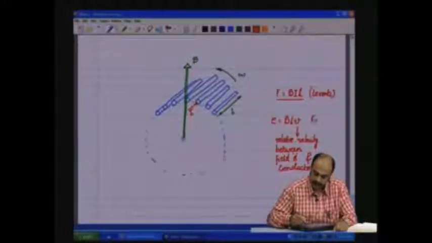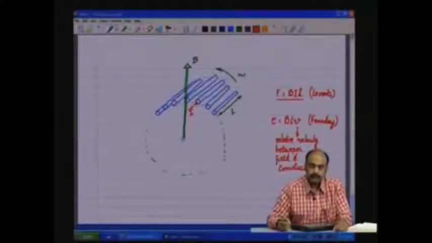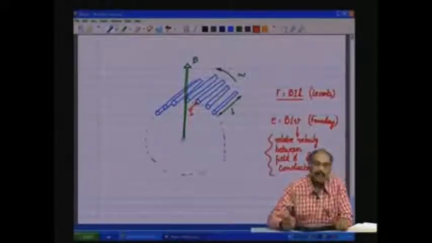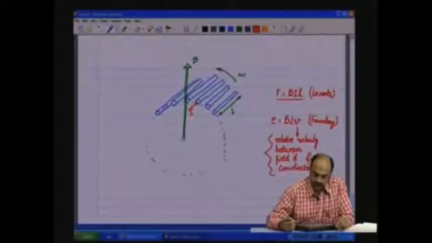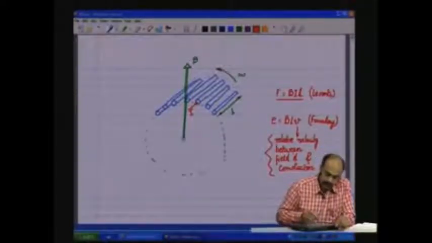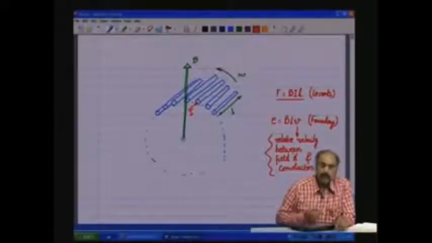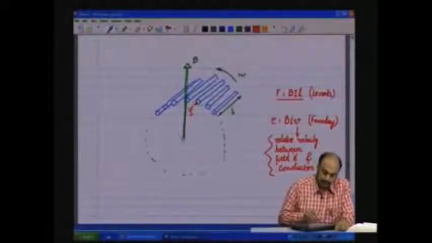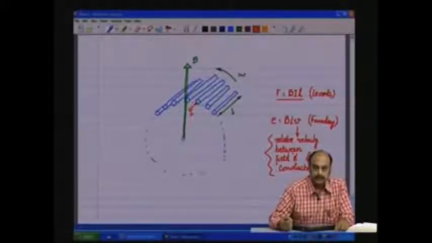So, this would be the Lorentz force, and this is the Faraday law. The main question is, how do we bring about this relative speed between the B field and the conductors which are orthogonal to each other, or how do we make the B cut the conductors.